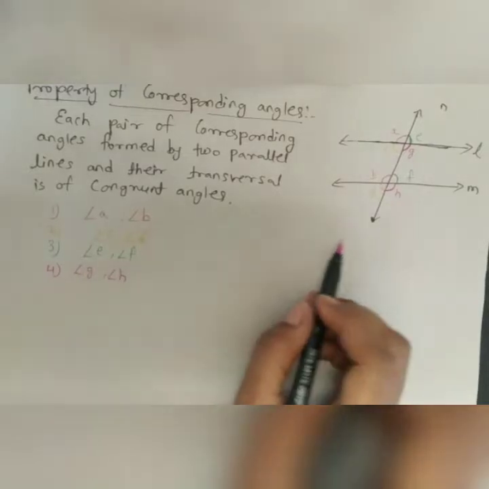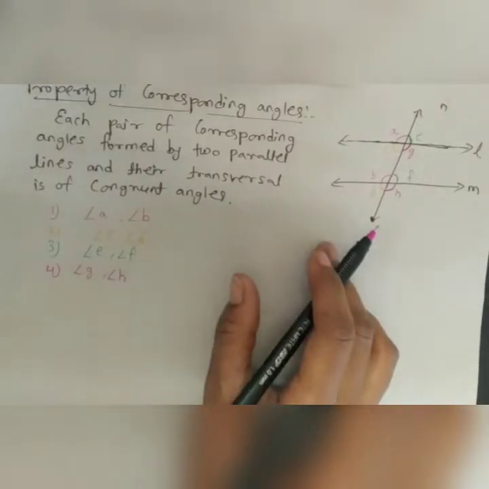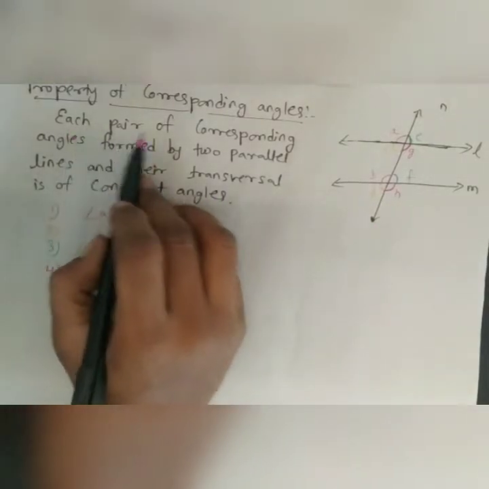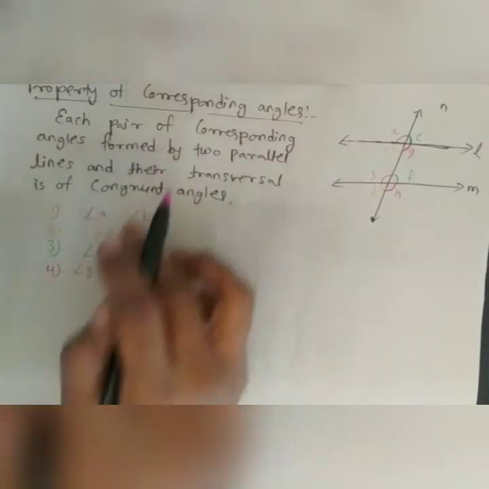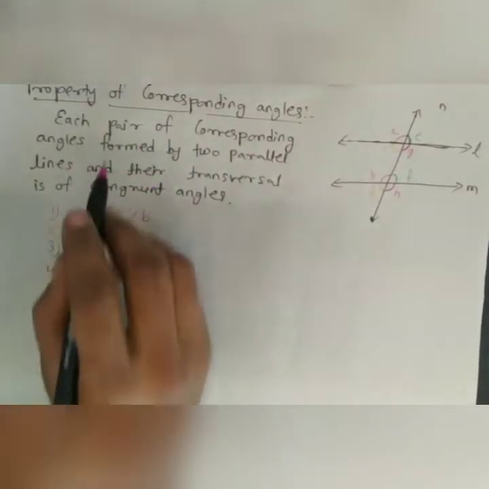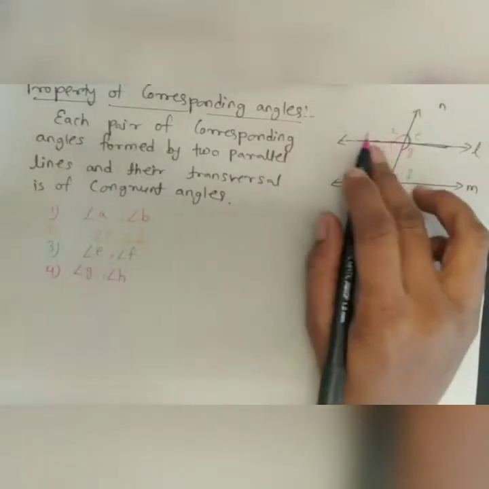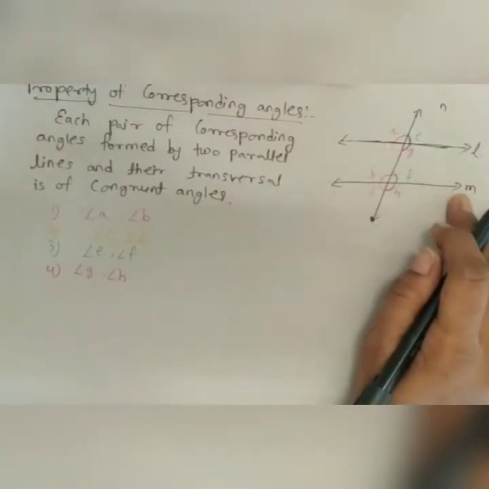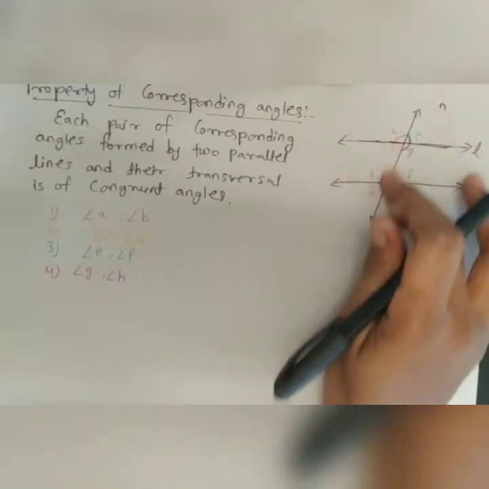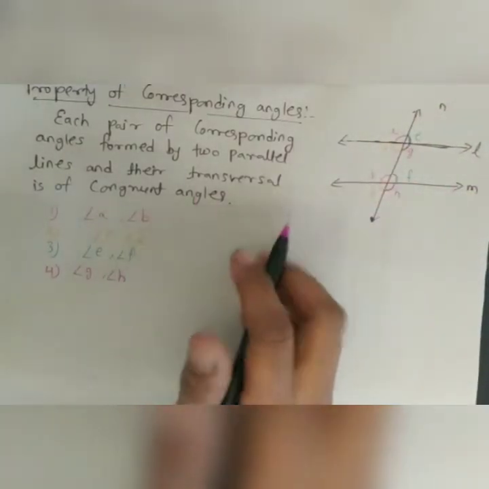And the property of corresponding angles is each pair of corresponding angles, meaning these pairs, formed by 2 parallel lines and their transversal is of congruent angles.